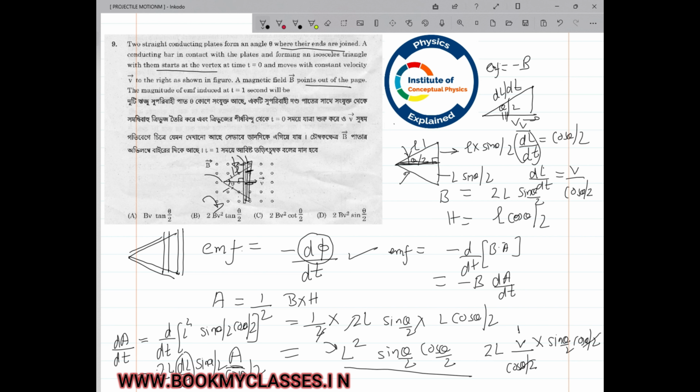Now this gets cancelled. So I'm left with 2Lv sine theta by 2. Still, I'm not getting any answer. I think we already have a B. So I have forgotten to write the B, which we will write in the end because we have to get the answer, right? So this is where we have reached so far. 2Lv sine theta by 2.